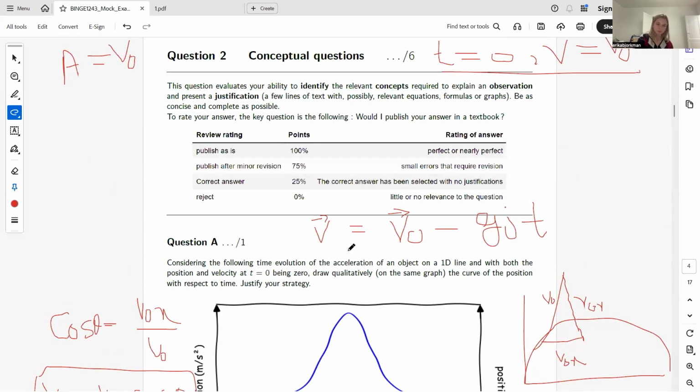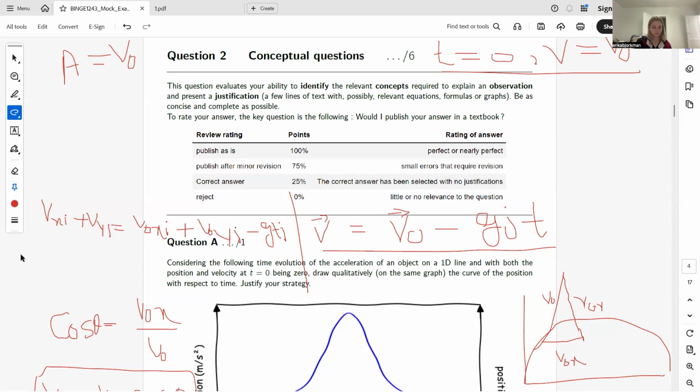Now we need to resolve this equation into its components. Then the horizontal and vertical components become Vxi plus Vyj is equal to v naught x i plus v naught y j minus gtj, drawing a line between them to show that these are different.